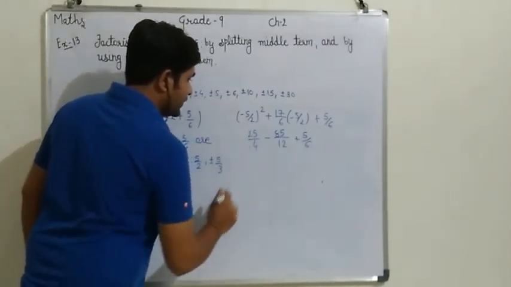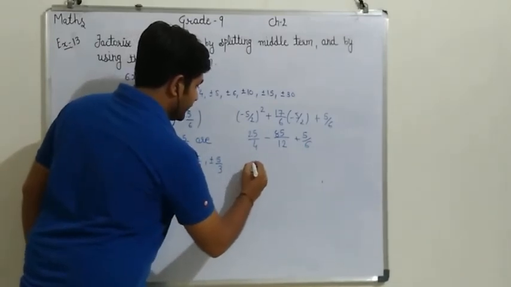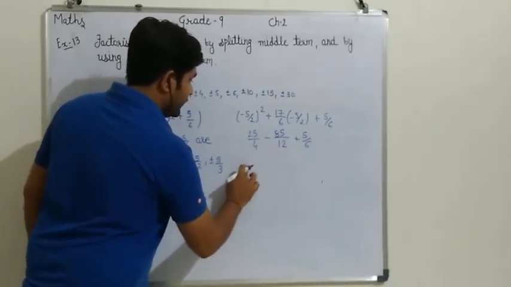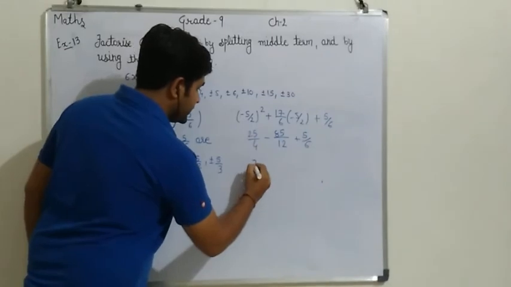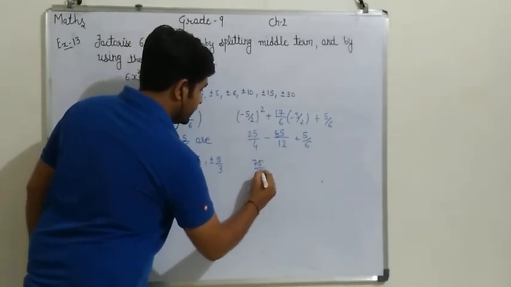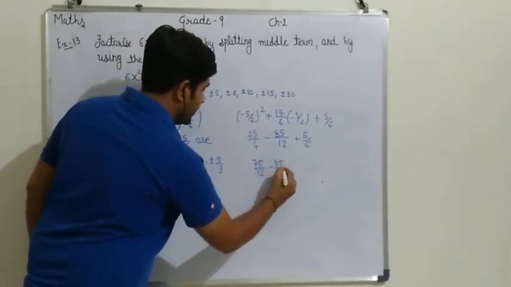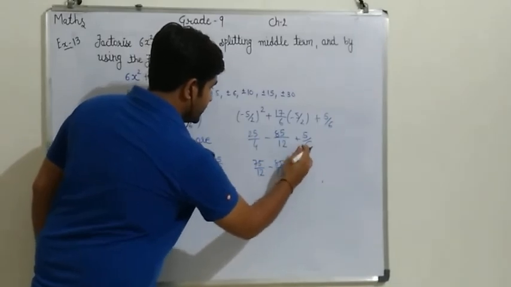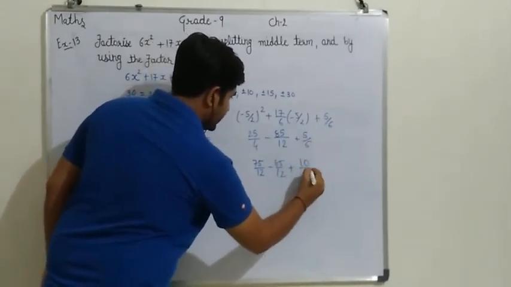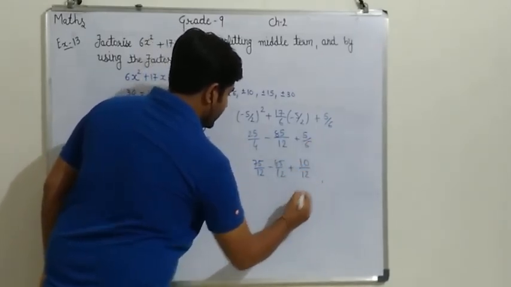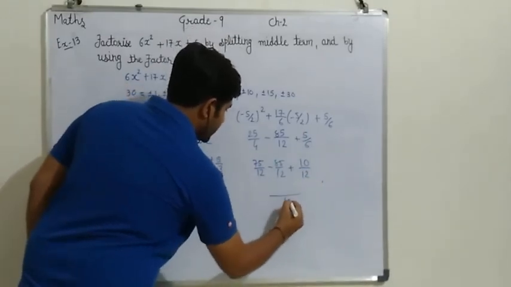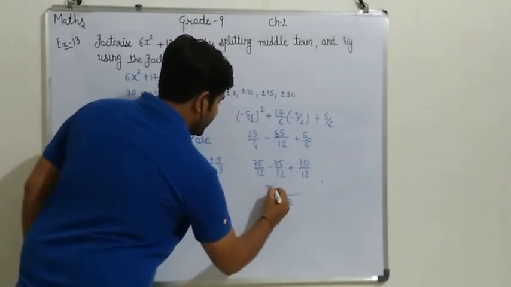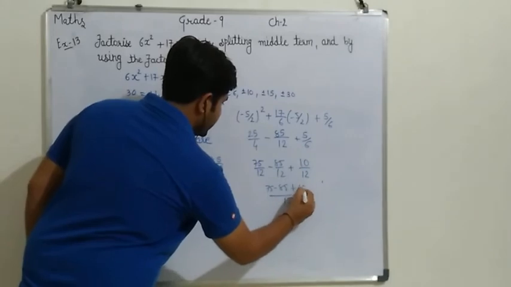So here we want 12. So 4 3s are 12, so 25 3s are 75. 75 by 12 minus 85 by 12 plus 6 2s are 12, 5 2s are 10. Now all the denominators become the same. So 75 minus 85 plus 10.